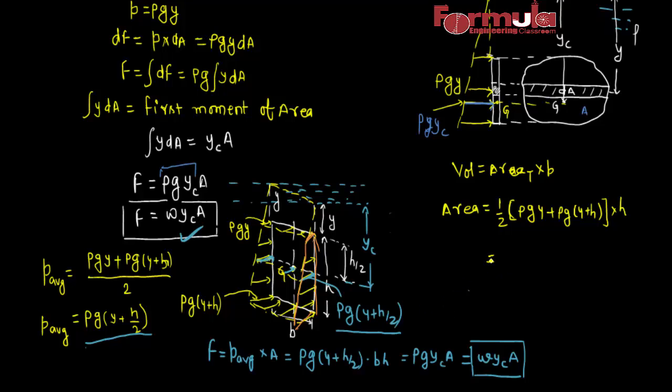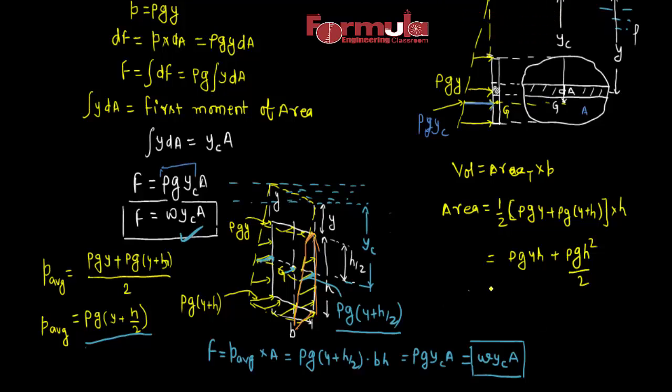So rho g y plus rho g y is 2 rho g y, divided by 2, this is simply rho g y, and this is rho g h. So we can write rho g y times h, plus rho g h square divided by 2.